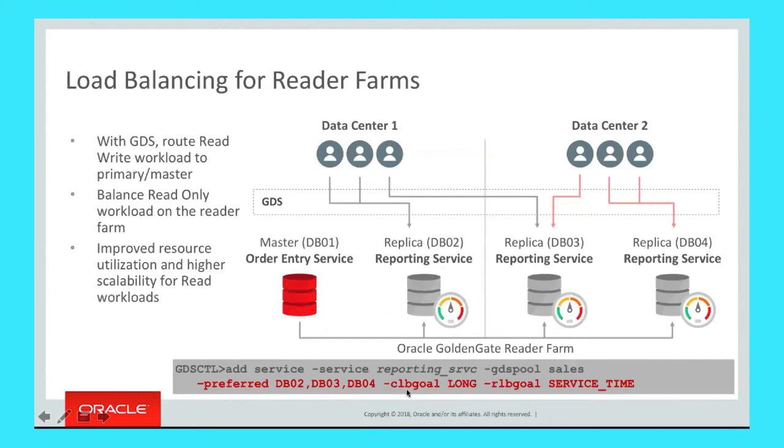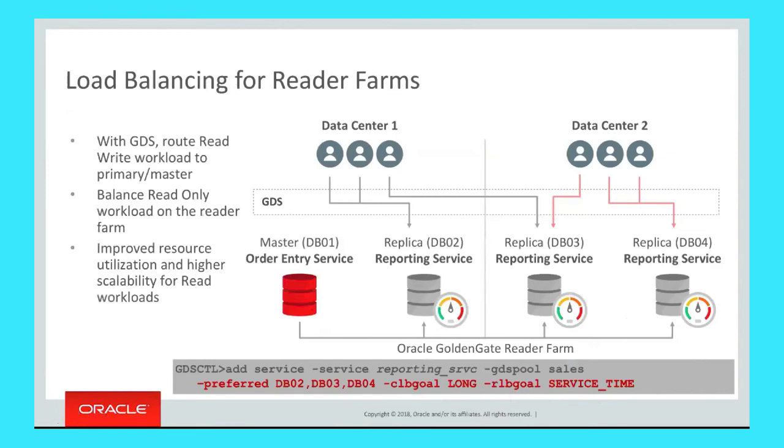And I specify 2 clauses: connection load balancing goal long, and runtime load balancing goal as service time, right? And these goals are no different from what you had with RAC. RAC always had support for connection load balancing and runtime load balancing, but within the instances of a cluster database. But now with GDS, these load balancing goals, CLB and RLB, are offered across multiple replicated databases.